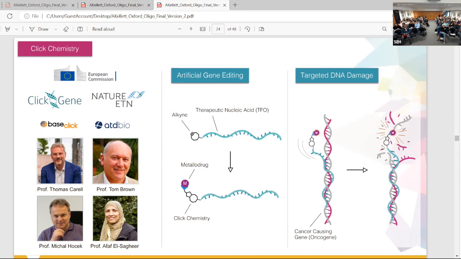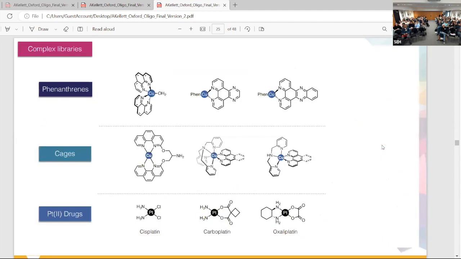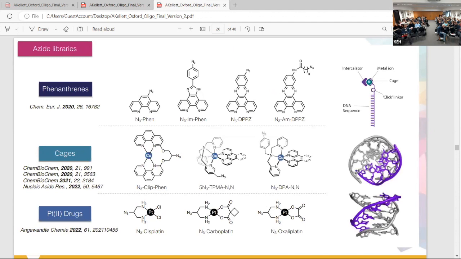So an alternate type of gene editing technology. We have experience in developing phenanthrines, caged systems, and obviously platinum drugs. And we've managed to successfully introduce stable azides into all of these architectures and identify that they have potential as a new type of targeted technology.